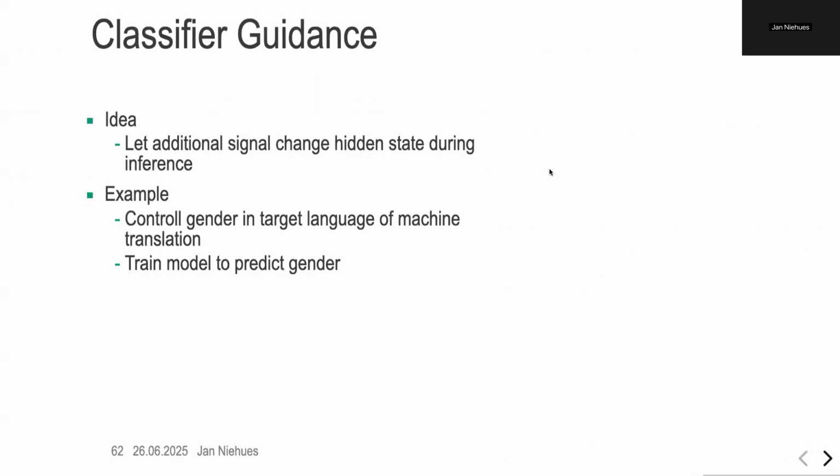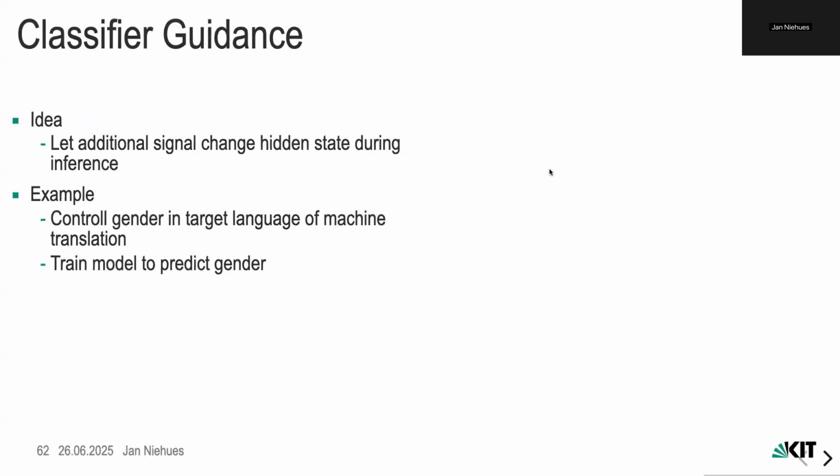Good. Then we want to look at one example where these things are done not during training but during inference, and that is called classifier guidance. The idea is, again, we want to change our hidden states, but now we don't want to train something; instead we want an additional signal which we can use during inference.